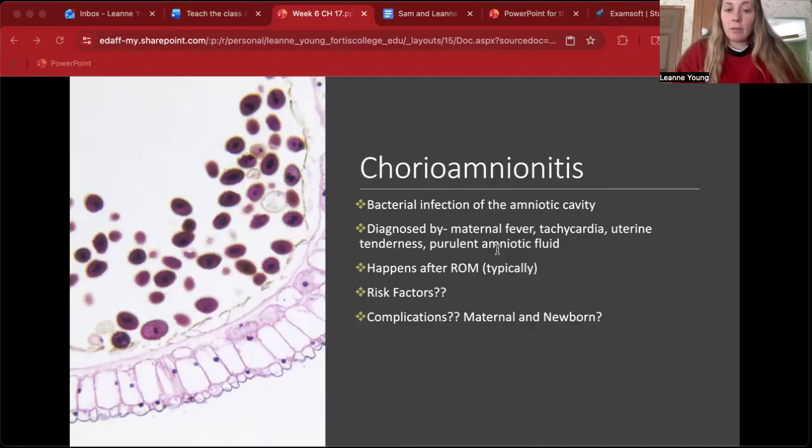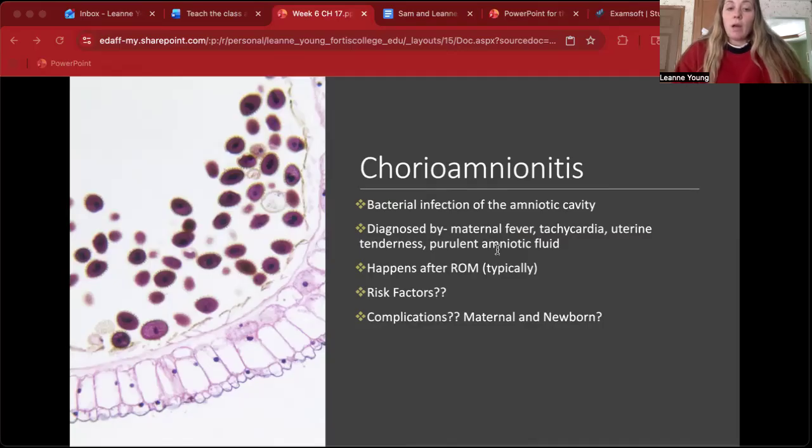Other factors could be a young mom, lower socioeconomic status, nulliparity, if a mom has never delivered a baby before. If she's had a cerclage, so whenever the provider goes up and stitches closed the cervix, that can lead to chorioamnionitis. If she had an amniocentesis early or late in her pregnancy, and other invasive OB procedures. Pretty much anything that could potentially introduce bacteria into the amniotic cavity is a risk factor for chorio.